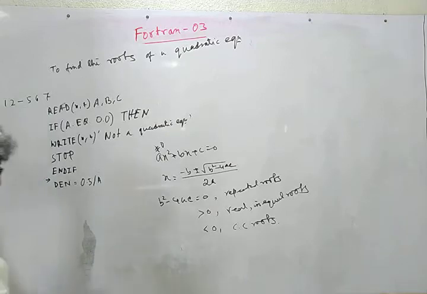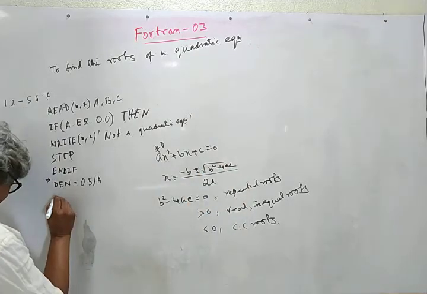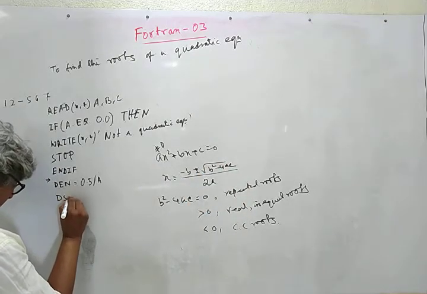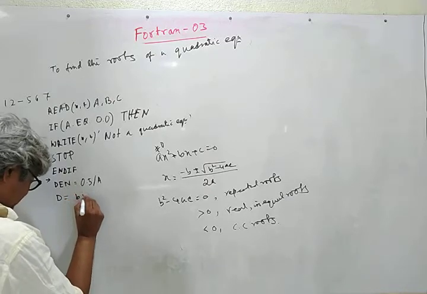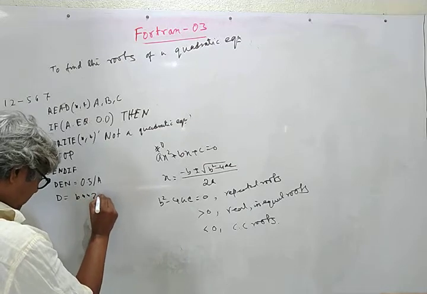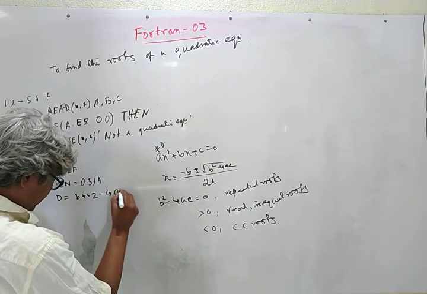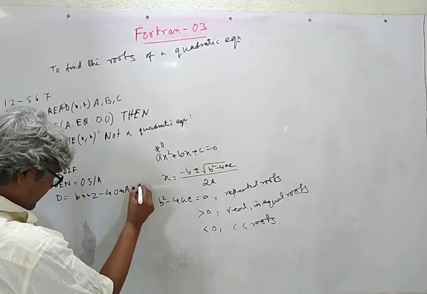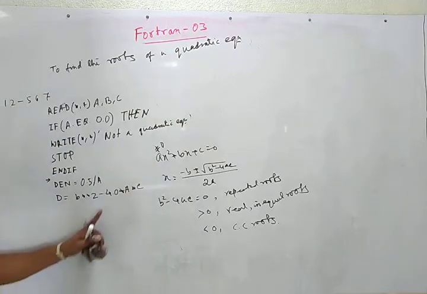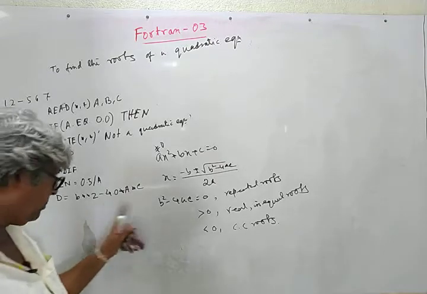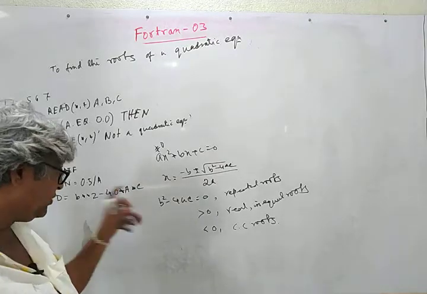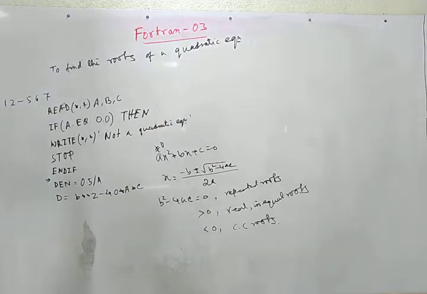Then we come to the calculation of the discriminant. So discriminant is b square minus 4.0 star a star c. Here sometimes one writes it as 4, which is not correct. You must write 4 point because the entire calculation has been done in real mode.